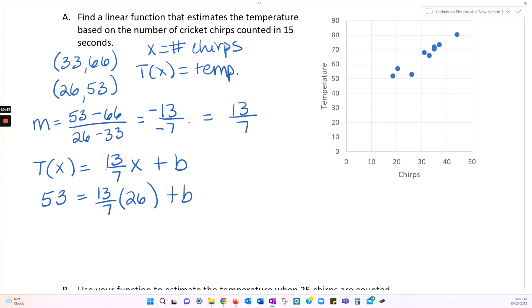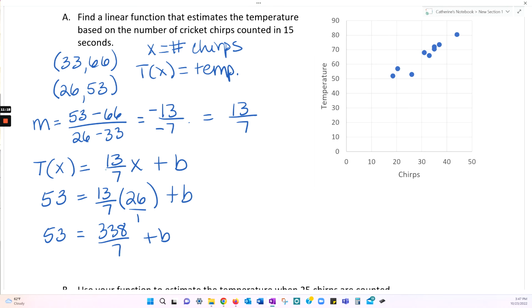So we're going to maybe think of that as over 1. So 13 times 26 is 338. So we've got 53 equals 338 over 7 plus b. So b is whatever we're going to get when we subtract 53 minus this number.